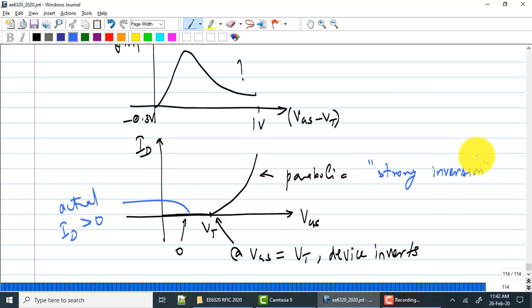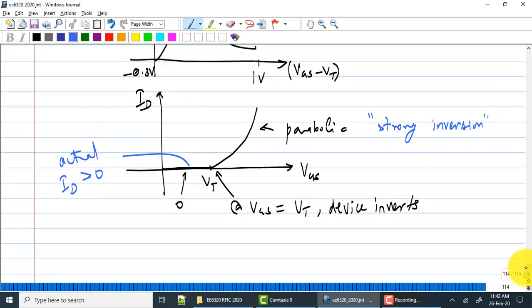The characteristics of ID versus VGS happen to be exponential in the weak and moderate inversion regions. So let us say depletion occurs somewhere here. This is some voltage where depletion occurs. In this region: depletion to weak inversion to moderate inversion to strong inversion.